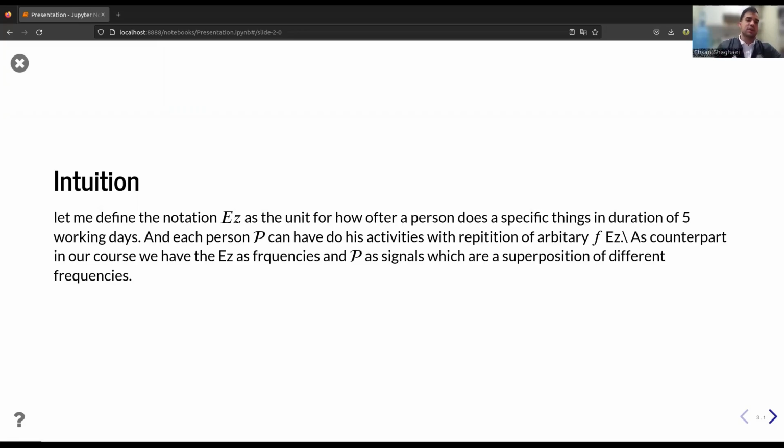If your supervisor comes to check 3 times a week, he would just see you working 3 times a week. But he would have an ambiguous idea: maybe you are working with a frequency of 4 times a week, 5 times a week, or maybe just 3 times a week. This is the ambiguous idea.